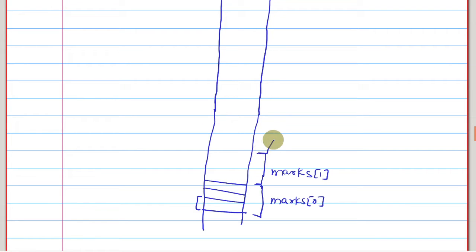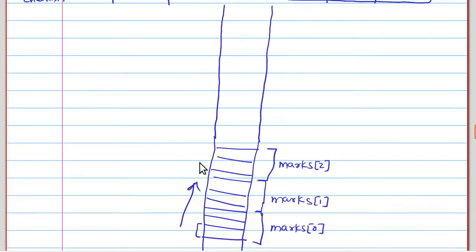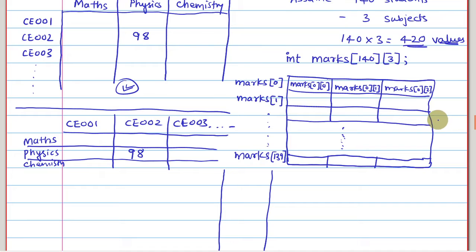And then there would be marks of roll number 3 with index 2, and so on. Each of these consists of 3 integers, right? I hope you understand that. And each of those integers is of 4 bytes. So this is how it is actually stored in memory, but conceptually you can think of it like this.